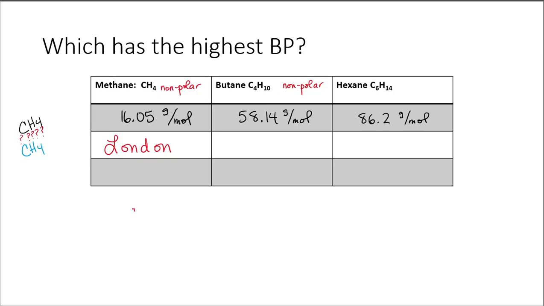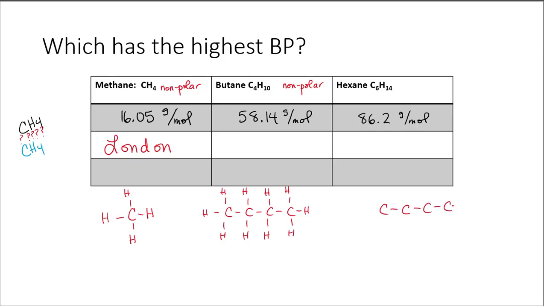We don't actually even really need to know what these molecules look like, but just for funsies, I'm going to draw them for you. You can double check and draw them for yourself if you want to. These are hydrocarbons. Hydrocarbons only have carbons and hydrogens. Hexane, 1, 2, 3, 4, 5, 6.